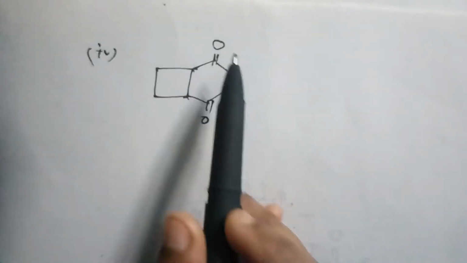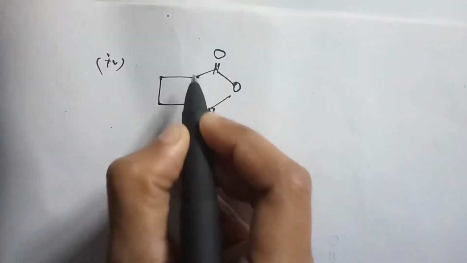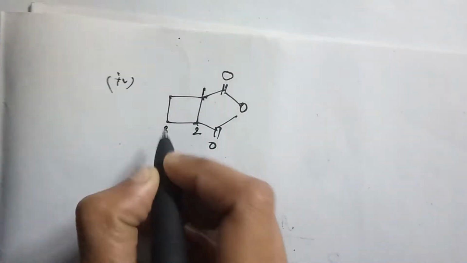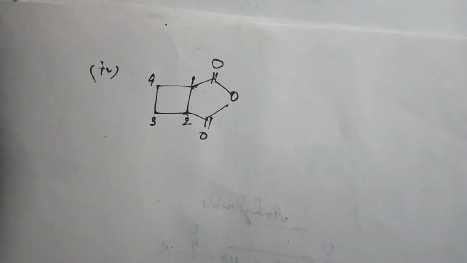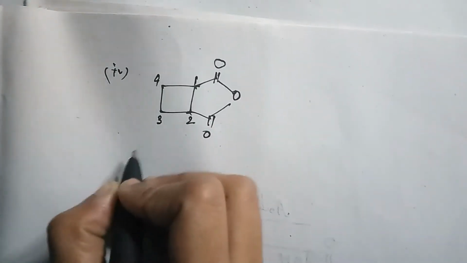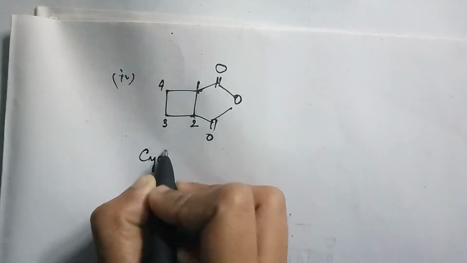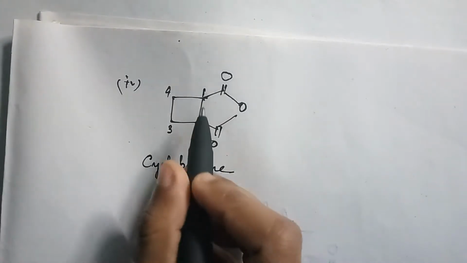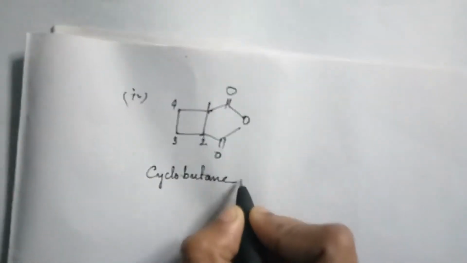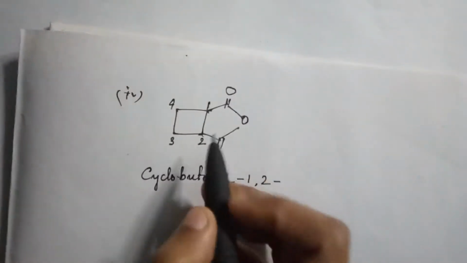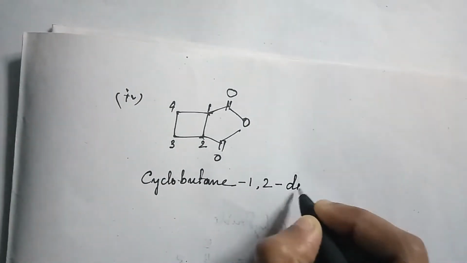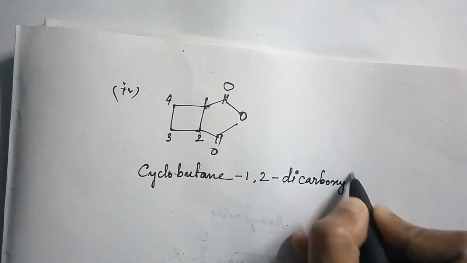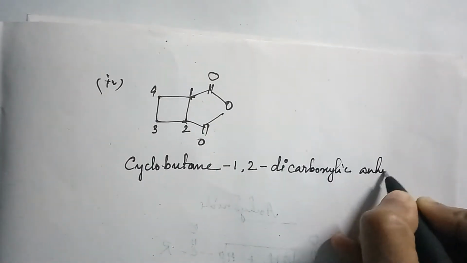And this anhydride portion is attached with this ring at 1 and 2 carbon atoms. Right? So here we can write cyclobutane, then 1,2 di carboxylic anhydride.